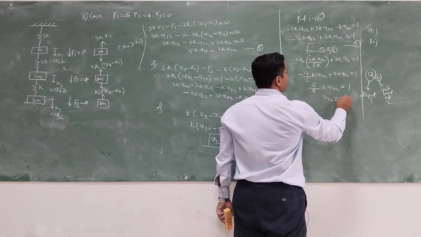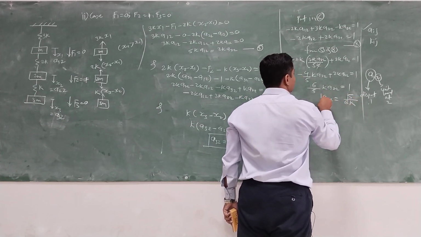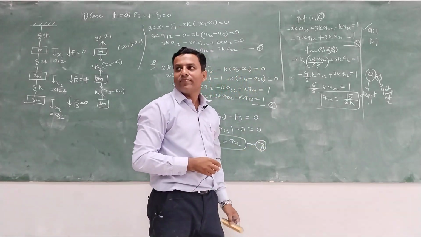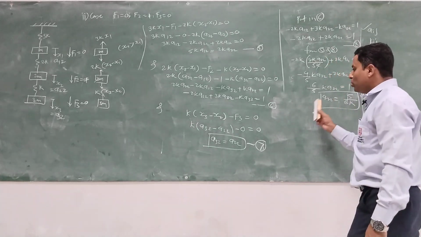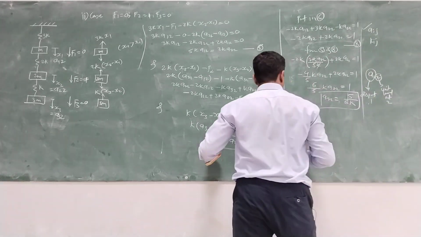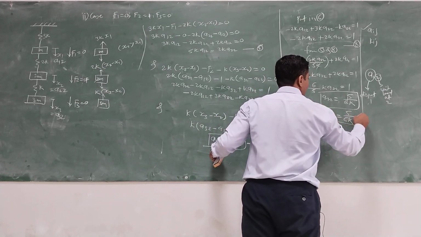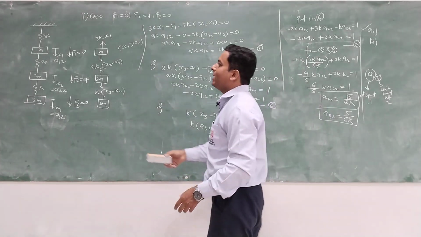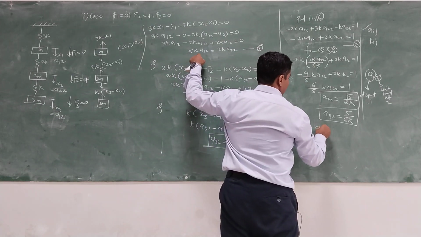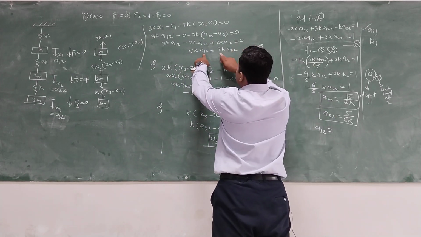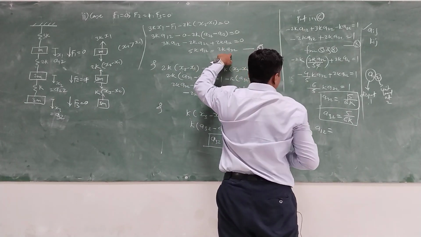So A22 will be equal to 5 by 6k. This is your A22. A22 is equal to A32. So A32 is equal to 5 by 6k. Now the remaining term is A12. So if I want A12, then A12 will be equal to 2k by 5k means 2 by 5 into A22.